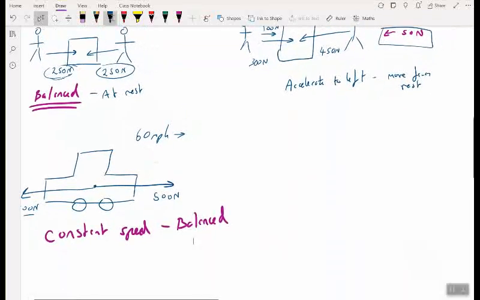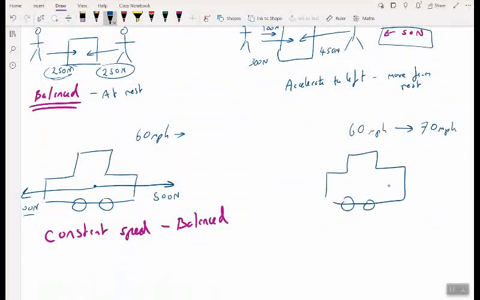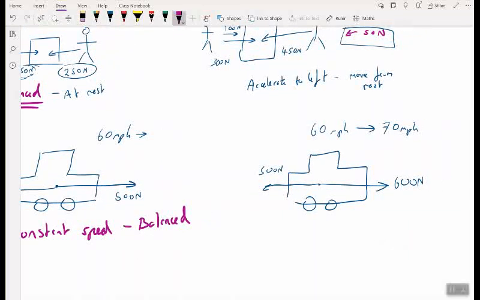If the car was to accelerate though, so say it was going 60 miles per hour and it's now changing speed to 70 miles per hour, it's now getting faster, and that must mean that the forces are unbalanced. So say there may be something like 600 newtons now going forward, and there was still only 500 newtons going backwards. So now you would say that the forces are unbalanced.